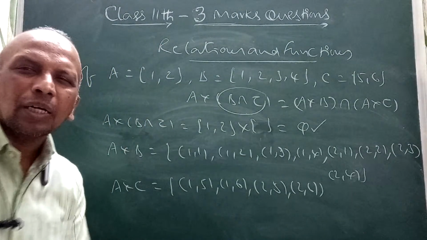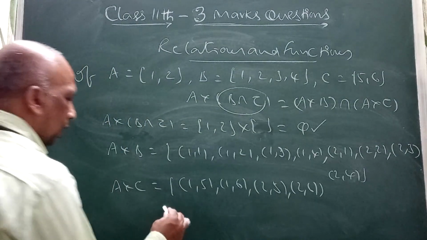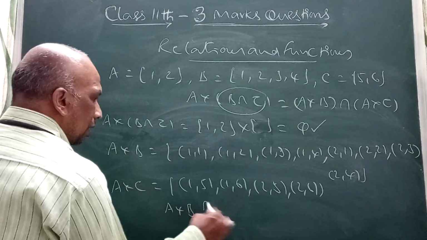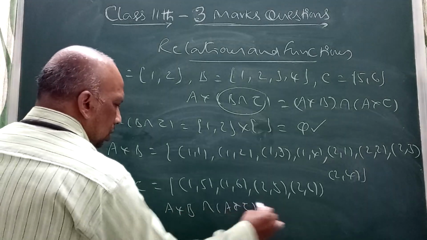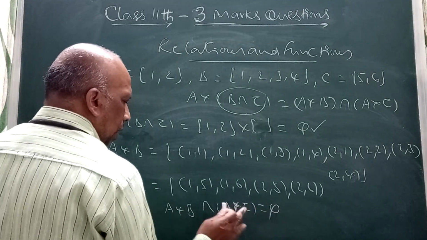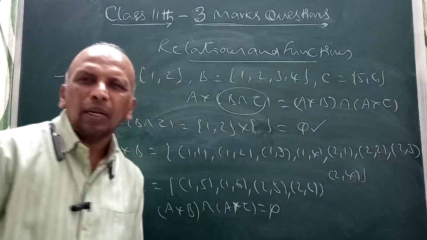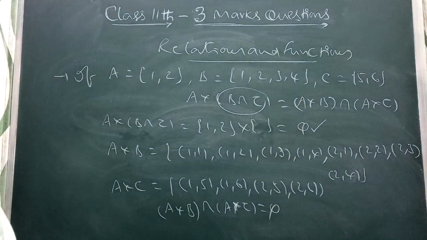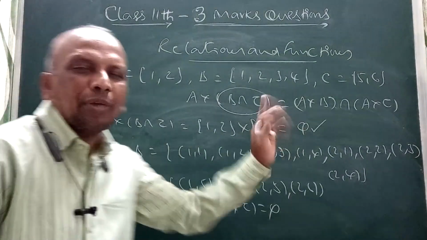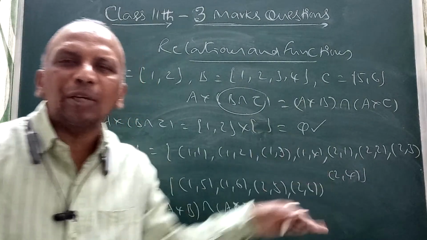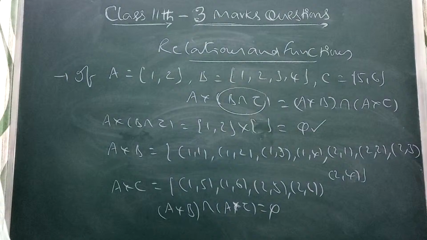We can check that there is no common element, so (A cross B) intersection (A cross C) is equal to the empty set. Therefore, these two are equal. Like that, they may ask to verify. Here, luckily we got the empty set; obviously, you may not always get the empty set. So this is a way to verify.